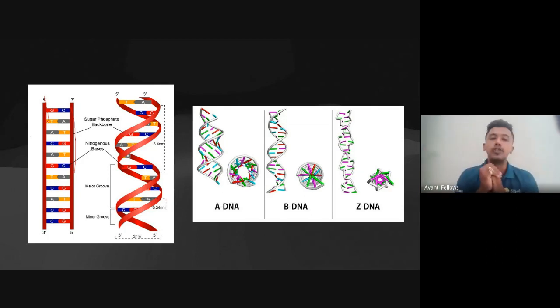All right. So we understand that the bases complement each other in the DNA structure. When adenine goes with thymine, it forms 2 hydrogen bonds, and when cytosine goes with guanine, it forms 3 hydrogen bonds, as we discussed.